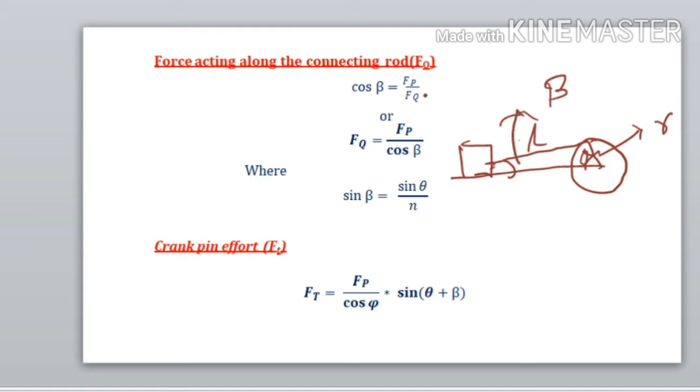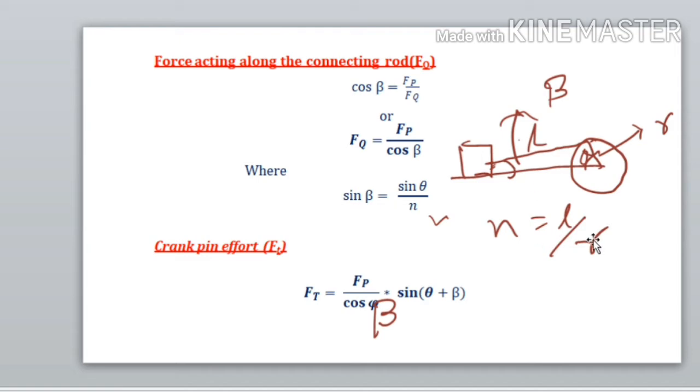So cos beta equal to Fp upon Fq, or Fq equal to Fp upon cos beta, and sin beta equal to sin theta by n, where n equal to L by R. Crank pin effort Ft equal to Fp upon cos beta into sin theta plus beta. Beta is this angle.